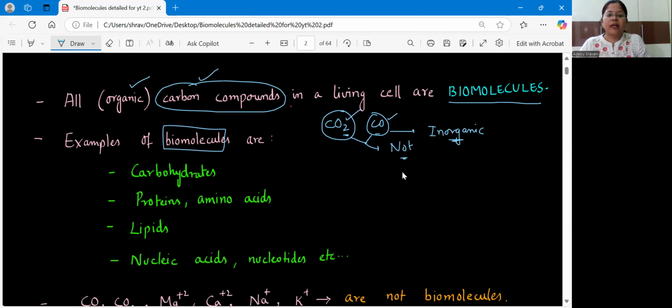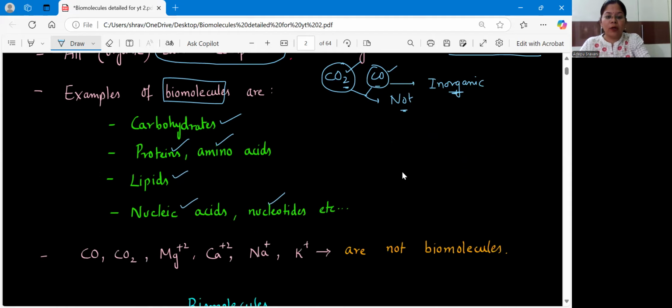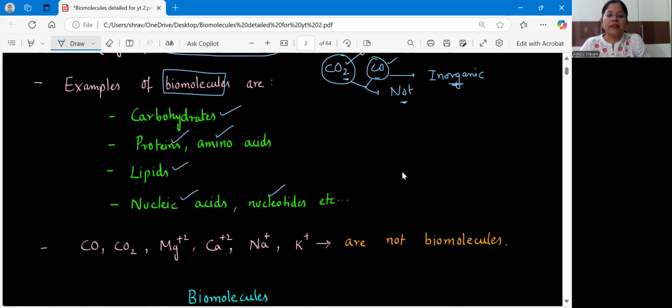Okay, so we have carbohydrates, proteins, amino acids, lipids, nucleic acids. All these things form your biomolecules, but not the inorganic components like carbon monoxide, carbon dioxide, magnesium, calcium, sodium, potassium. Okay, these are not the biomolecules.